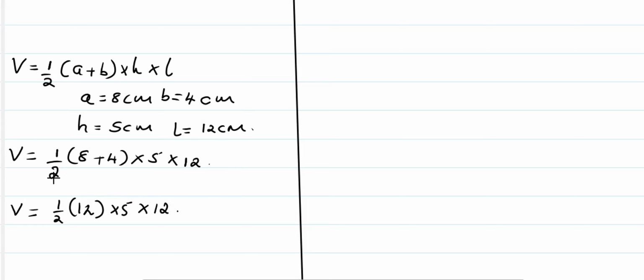And then I can divide this by 2, 12 by 2 is 6. So now it becomes 6 multiplied by 5, which is now 30. I can say volume is equal to 30 multiplied by 12, like this. So from there, I get, of course, 30 multiplied by 12, which is 360 centimeters cubed.